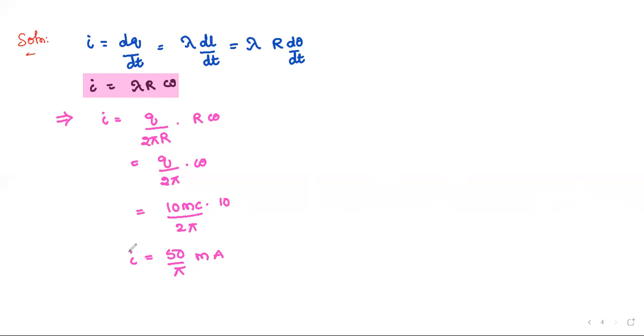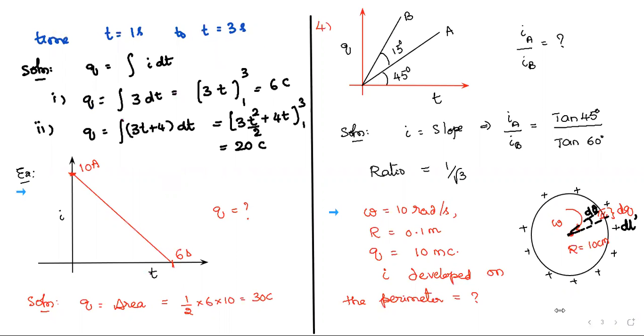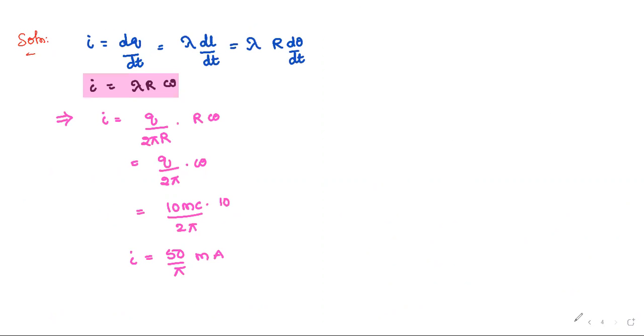Any doubt here? Good. This is a little bit of application: I equals dq by dt, changed a bit like this. If omega is variable, in the same formula we can't change anything.